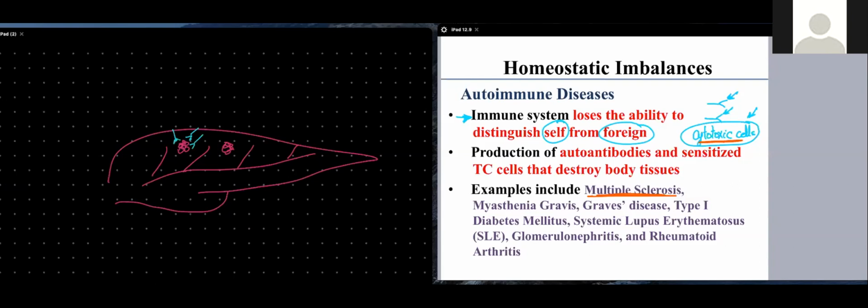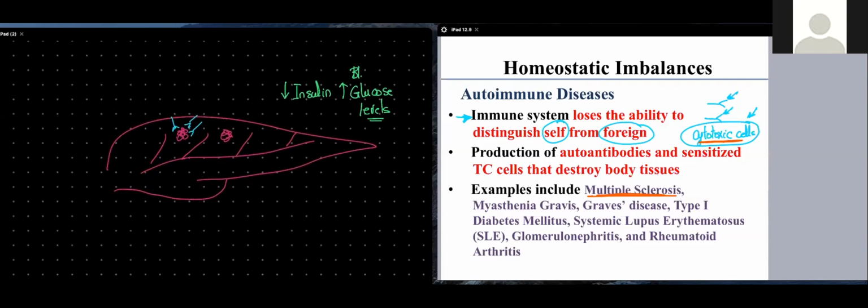So attacking those cells, destroying them, this results in a major reduction in my ability to release insulin. So this results in an increase in my blood glucose levels and won't allow me to use the glucose I am getting through the food.